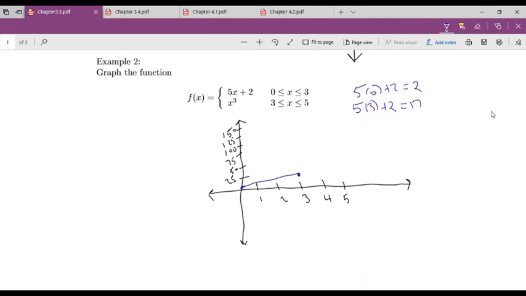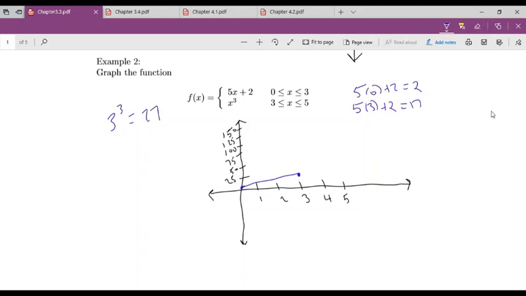If I look at the second part of the graph, it's a cubic function, which means I'm going to need more than 2 points to kind of figure out how my line goes. Okay, because it's not a straight line here, it's got some curvature to it. I'm still going to start with my endpoints. So 3 to the third, that's 3 times 3, which is 9, times 3, which is 27.